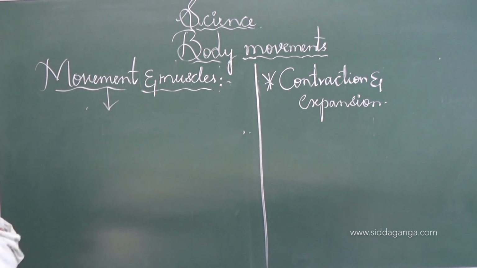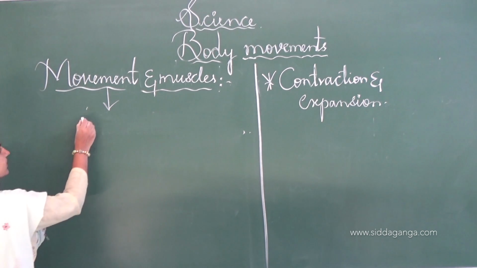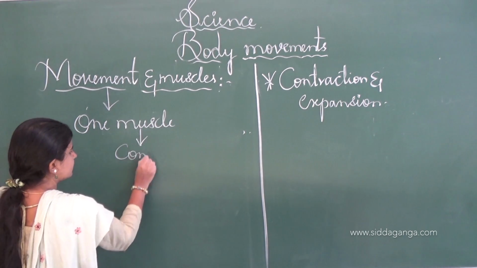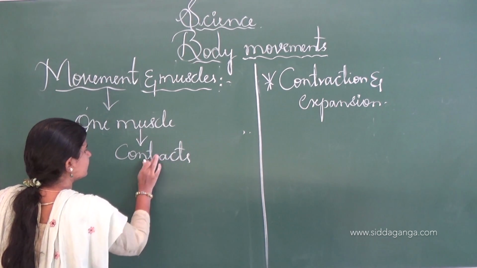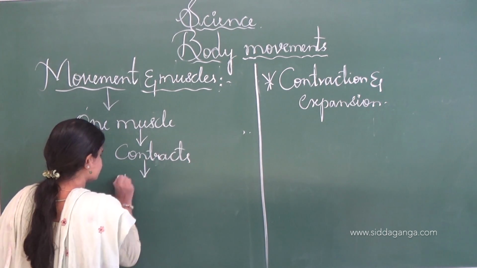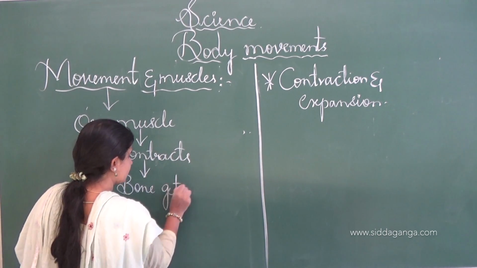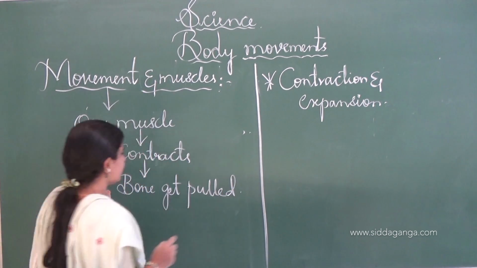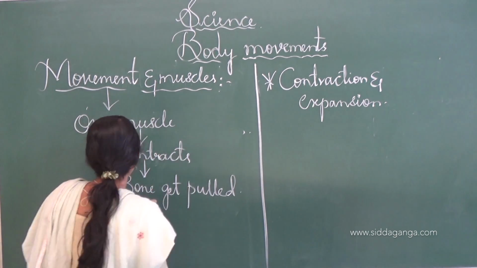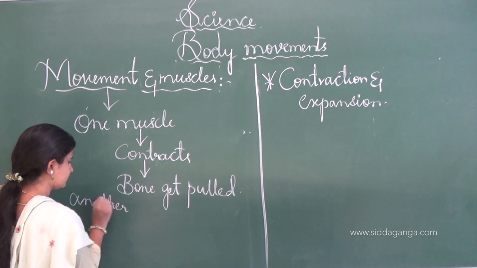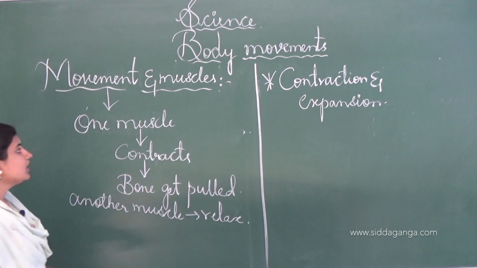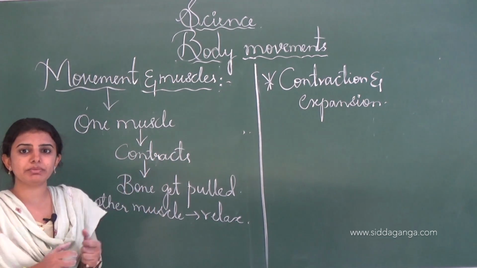Consider that if one muscle contracts, then the bone gets pulled. And vice versa, the other muscle becomes relaxed.